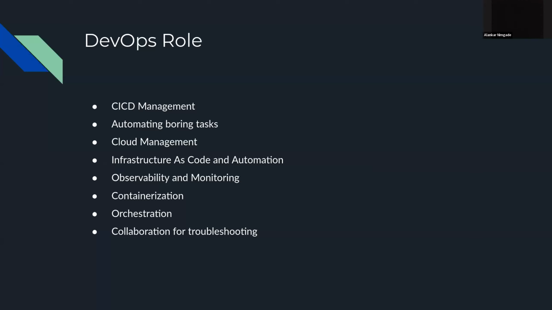Whenever you have to make a change, it should be automated. You have to have cloud management expertise, like Azure, AWS, even on-premise or hybrid. This depends on your organization's requirement, how you would manage the cloud and which cloud would be managed.